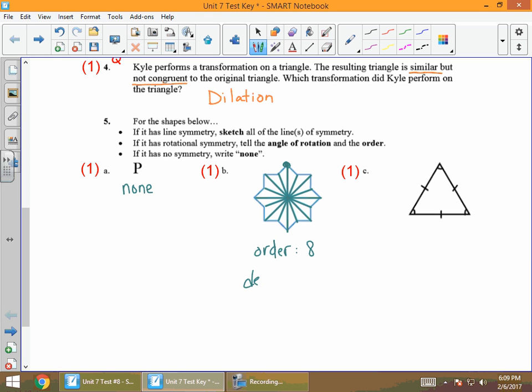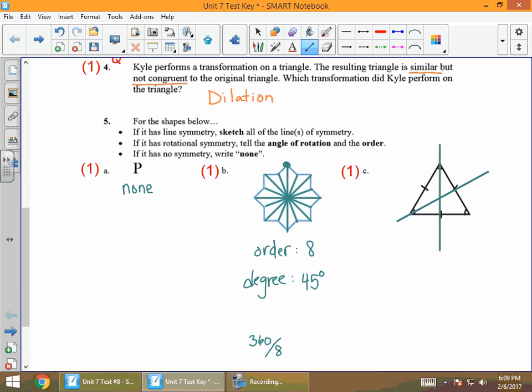And the degree is 360 divided by order. So 360 divided by 8 is 45 degrees. And then finally part C, very similar, lines of symmetry, cutting straight down is 1, cutting straight through left to right is 1, and then there's my third.